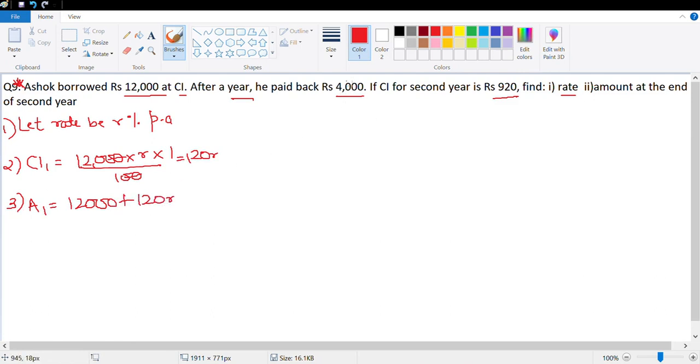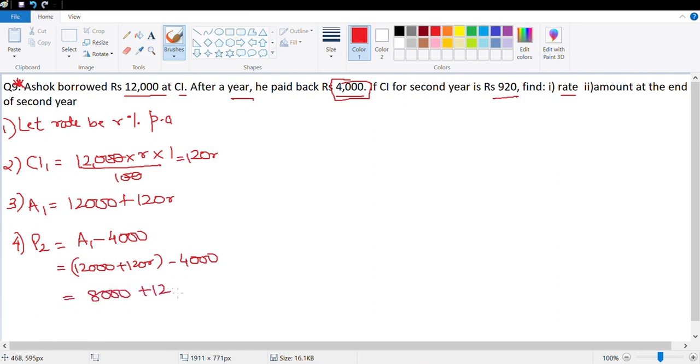Now at this point of time, he pays back 4,000 rupees, which means principal for second year would be amount 1 minus 4,000, in this case 12,000 plus 120R minus 4,000, which is equal to 8,000 plus 120R.